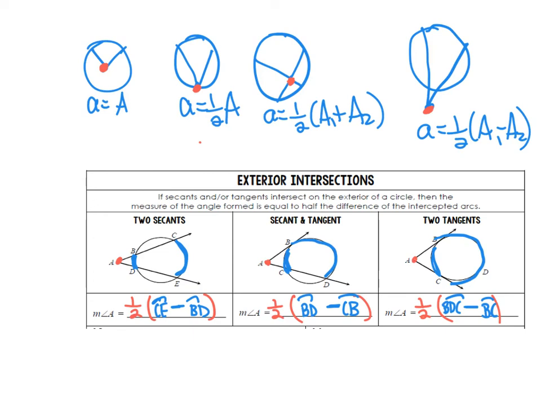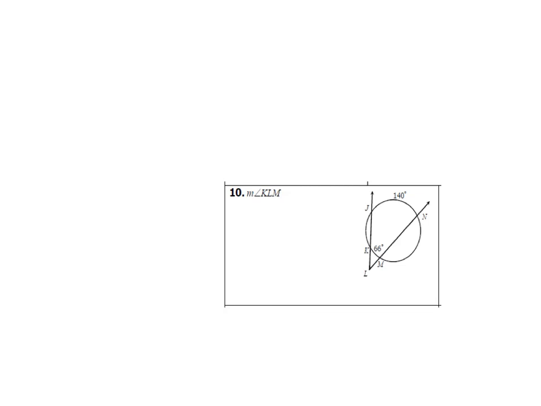So now you have to think through before you set up your equation, where's the angle? So here we ask ourselves, where is the angle? And the angle is outside. So we're going to write down our outside formula. The angle is equal to half arc 1 minus arc 2. So the angle, we don't know what it is, we'll call it x, is equal to 1/2. Put the big arc first.